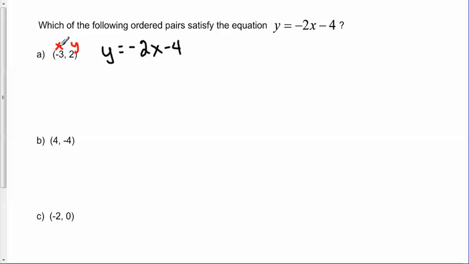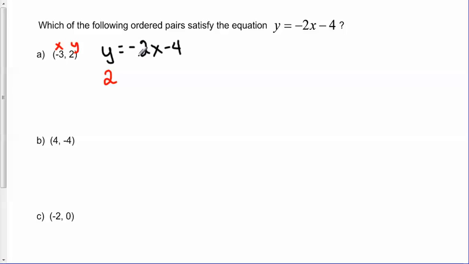Be very careful that x comes first in the ordered pair, but notice that the y comes first in the equation. So just be paying close attention. Actually putting the x and the y up above the variables is a really good idea to help you keep track. So we're saying that y has a value of 2. That's right here. So I'm going to put in the 2.